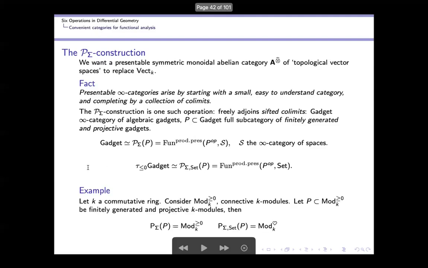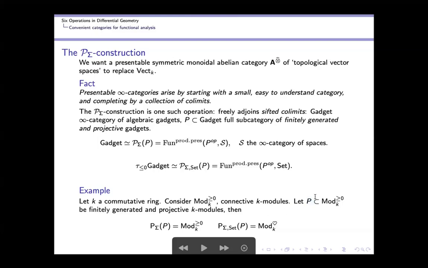So here's an example. If you do this for the infinity category of connective K modules, over a commutative ring K, consider the finitely generated projective K modules. Then the full category of connective K modules is the P sigma construction on this subcategory.